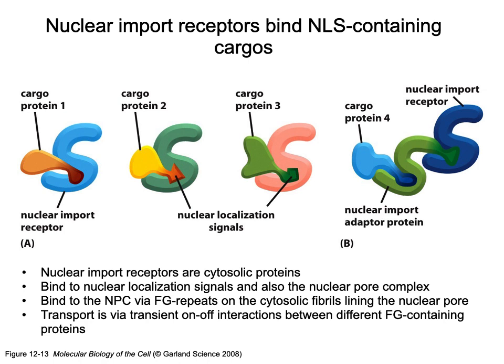In order to bring in proteins that contain a nuclear import sequence, the protein binds to a nuclear import receptor. That receptor recognizes the localizing sequence and helps to traffic it into the nuclear pore complex.